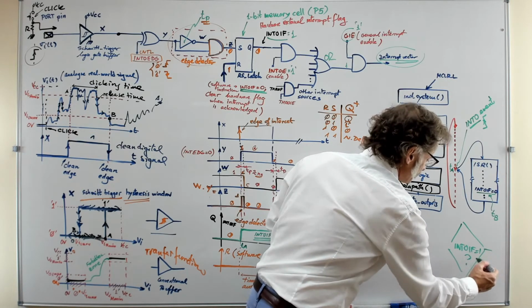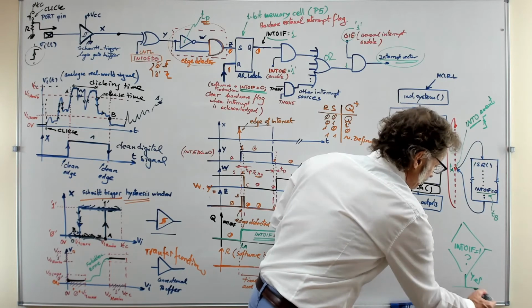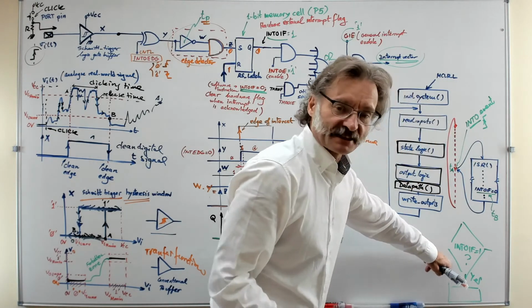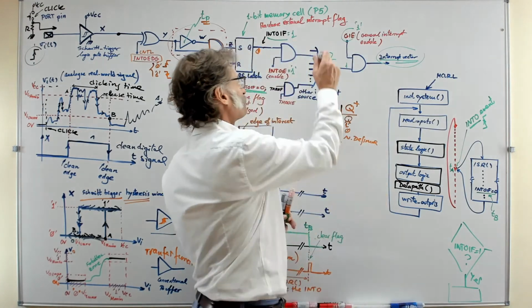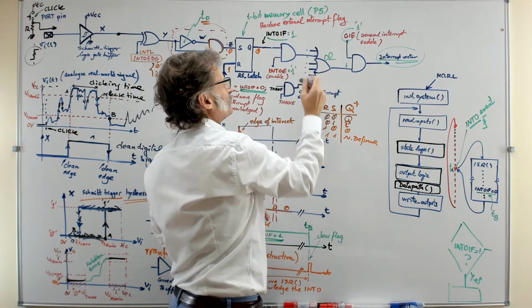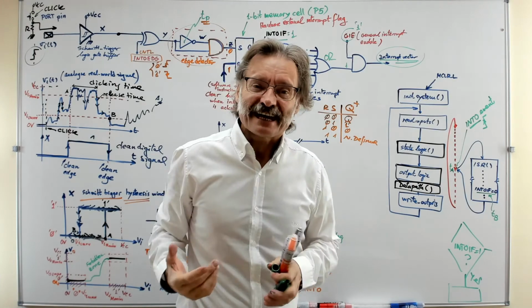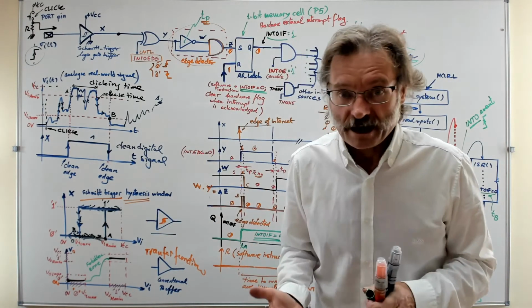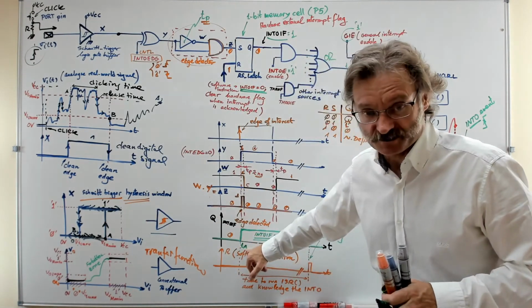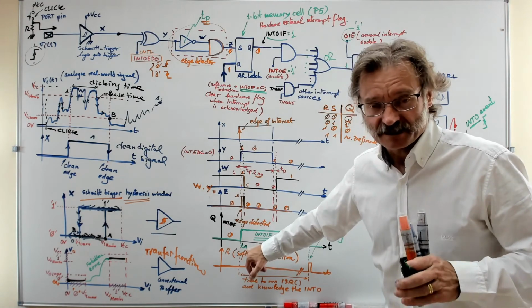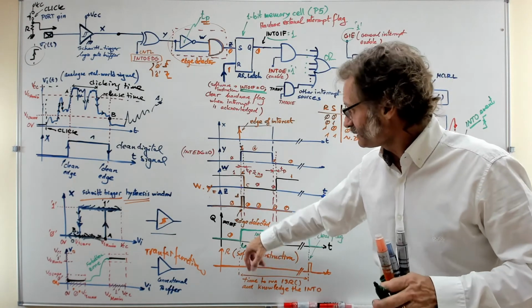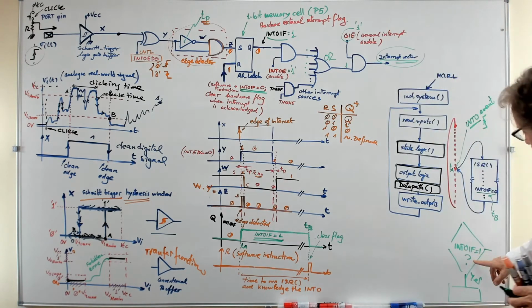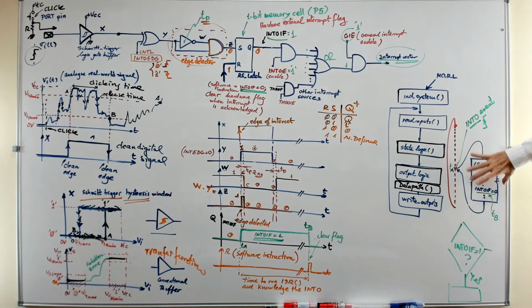You see, you have many sources of interrupts, but at the time TA, only one of them has been the source of the interrupt. At this time, the interrupt cause is the external interrupt. So in this piece of software, you will ask if the external interrupt flag is high, and if yes, you are going to do that thing.